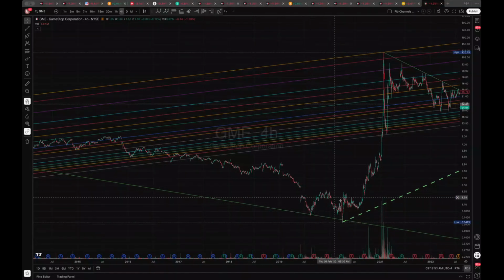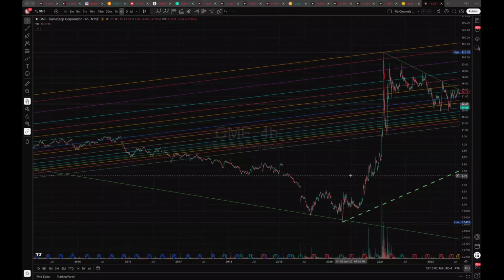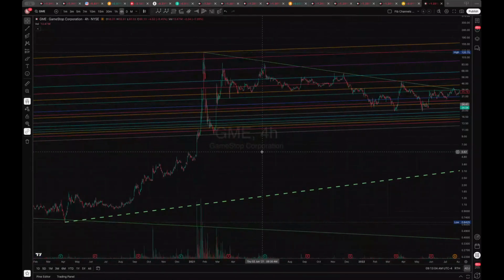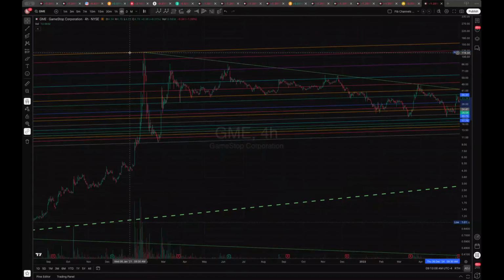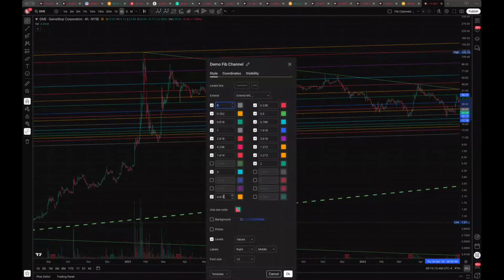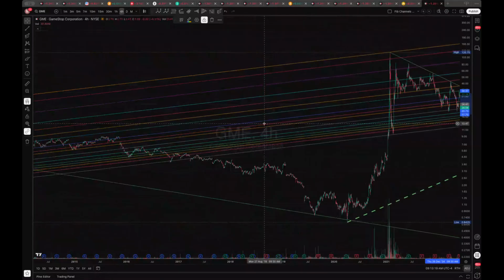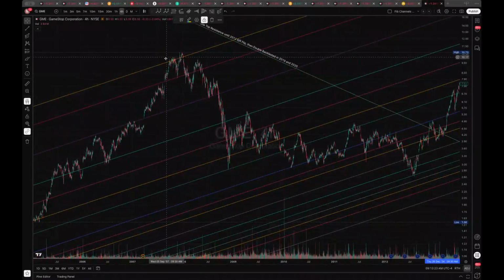Had that time-based double bottom off of the support resistance trend line from the first all-time high. And then this same fib channel where the top line, the 4.618 fib, intersected with the 2007 all-time high.